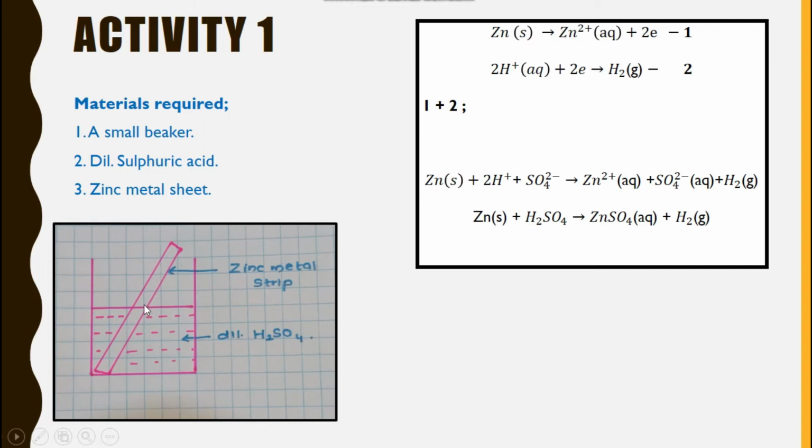So when the zinc rod releases electrons, the electrons are free in the solution. From the dilute sulfuric acid, we got free ions like H+ ions and SO4 2- ions.